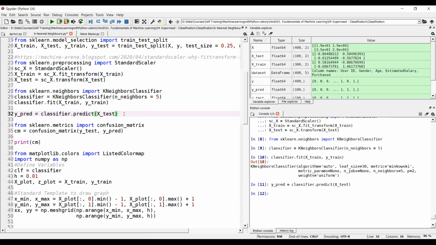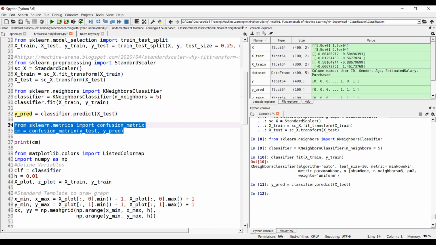We need predicted as well as actual. Then only you can compare and say what is the efficiency or accuracy of my model. So these two things are required. In the test data we already have the actual values, and on the same test set we predicted the values as well. So we have both.